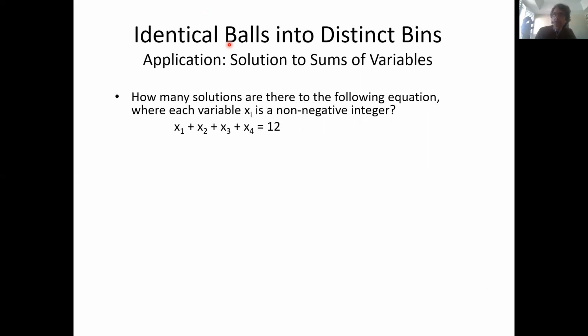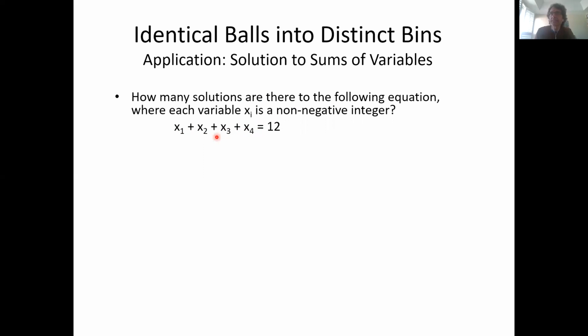So here is another class of applications where you can use this balls into bins reasoning. You have an integer equation where the variables have to be non-negative integers. So how many solutions are there to this equation?